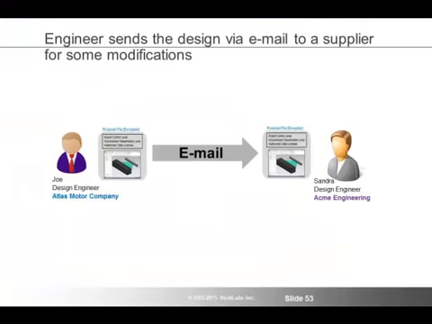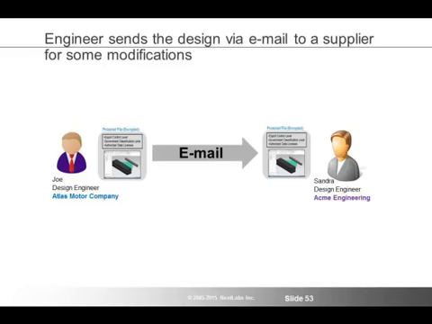So then in the next section, Joe, after doing his manipulation to the file, is sending this file via email to Sandra, who is a design engineer at another company, Acme Engineering, which is a supplier to the Atlas motor company.